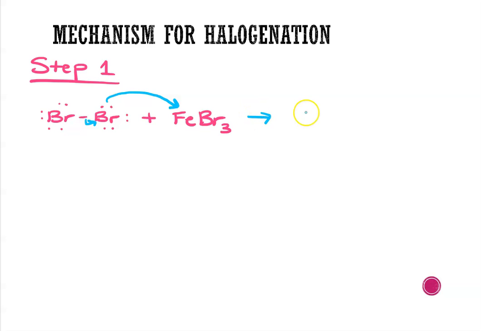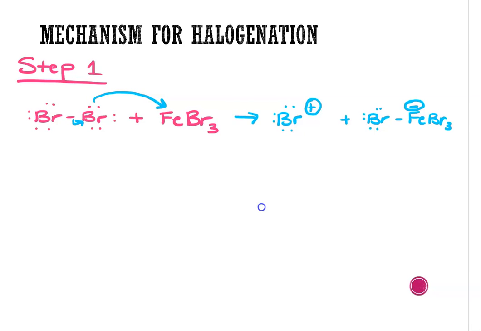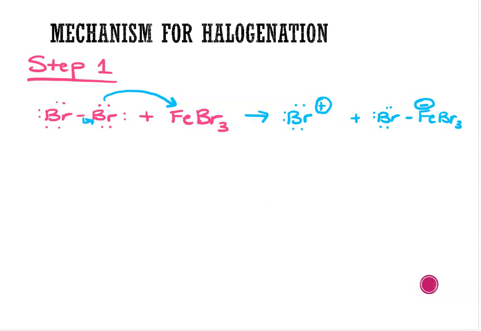So then what we end up with here is a bromine that only has 6 valence electrons, so it is positive. And then we end up with this weird thing here that's this bromine attached to this FeBr3. And then this whole thing here is going to be negative. Actually, let's put our negative over our iron, because our bromine is perfectly happy. All right, so now we have this lovely positive bromine ion.